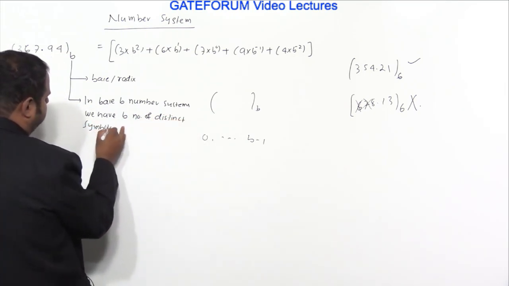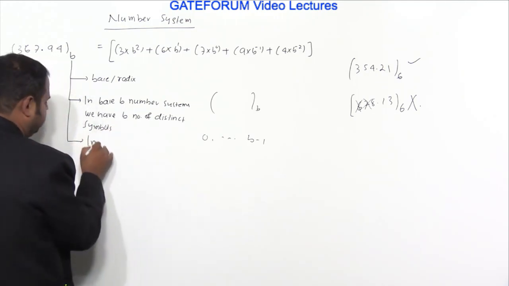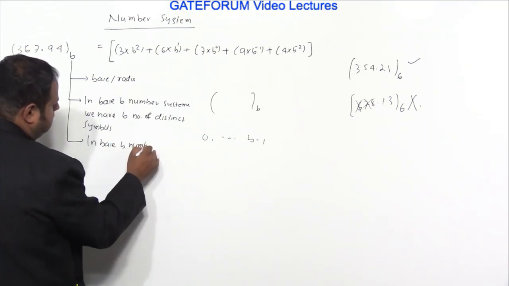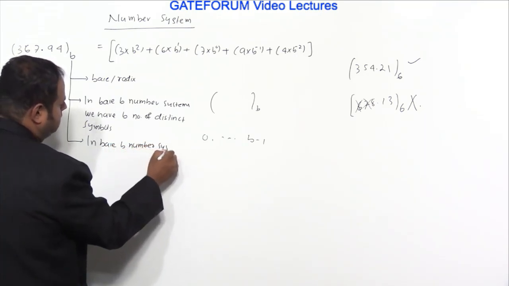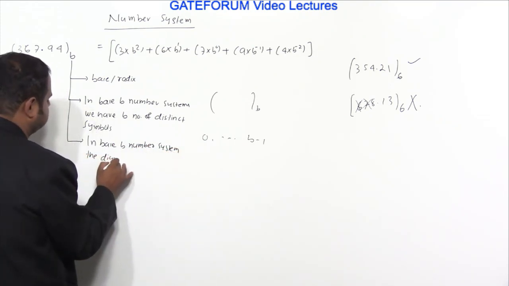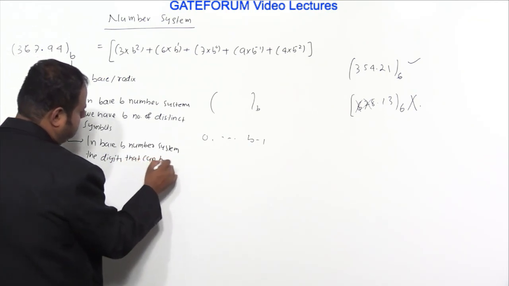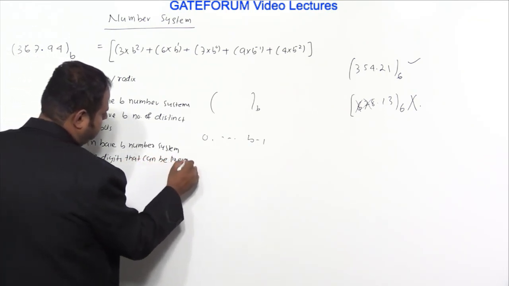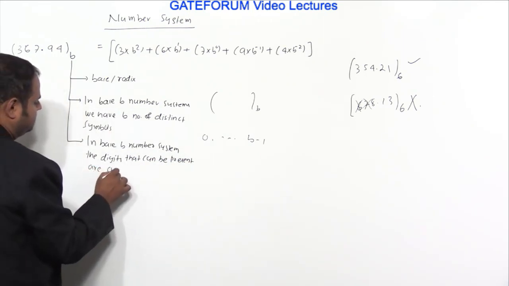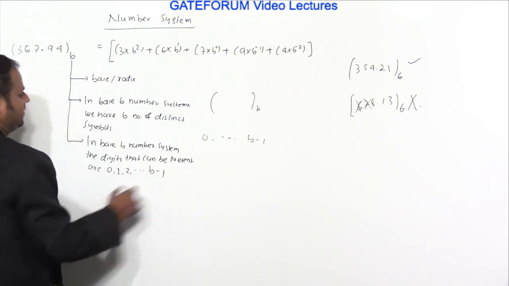I will tell what the meaning of it is. In a base B number system, the digits that can be present are 0, 1, 2 like this up to b minus 1.